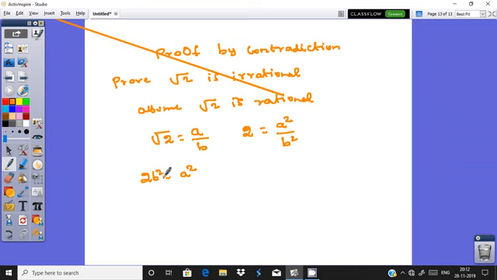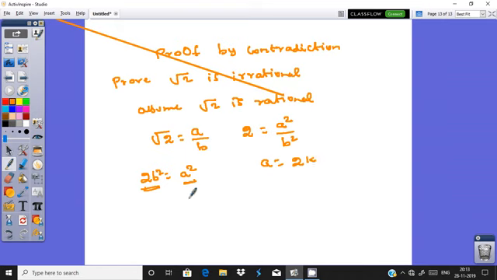Now when you multiply any number with the square of a number by 2, it is always even. So when this is even, this should also be even. So a squared is even, and 2b squared is also even. Now what you have to do is assume that a equal to 2k.